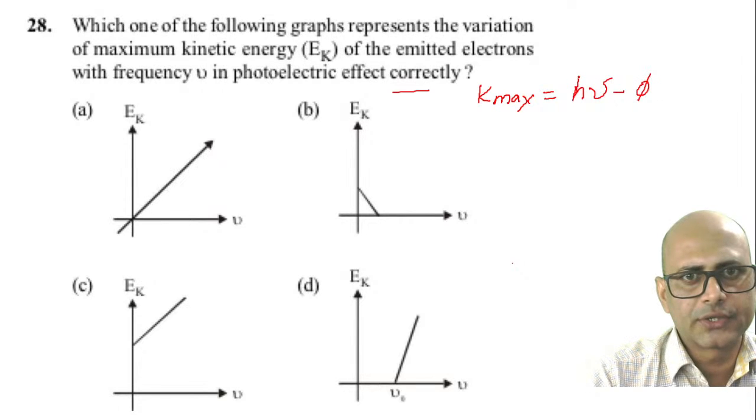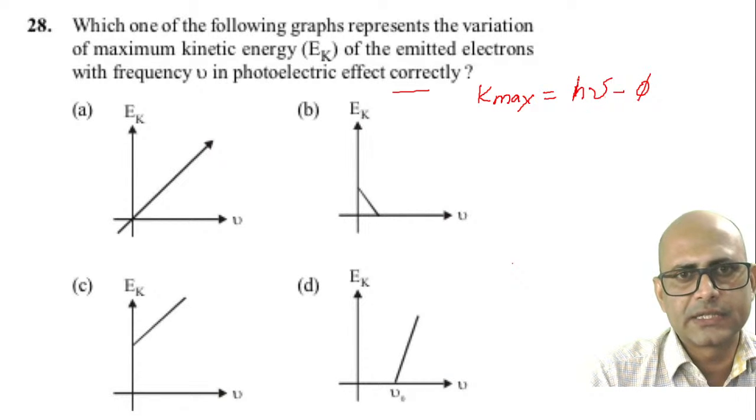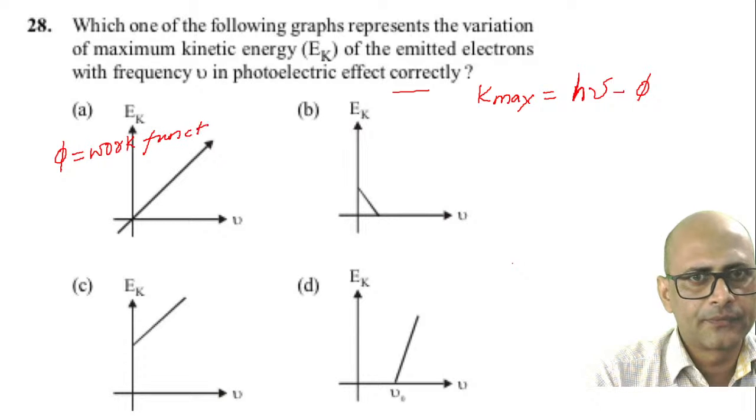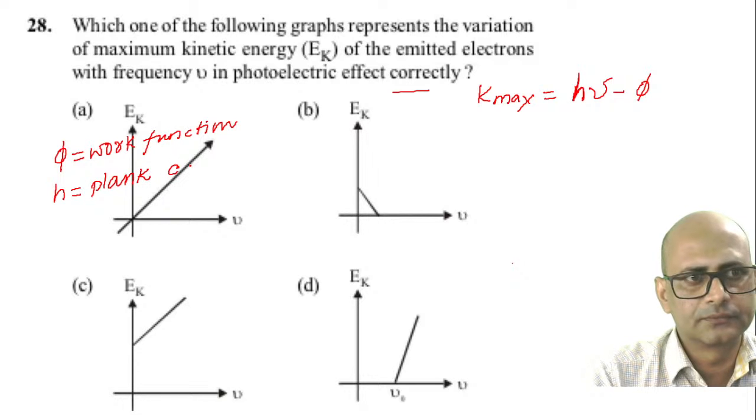H is the Planck constant, nu is the frequency of the incident photon, phi is the work function.